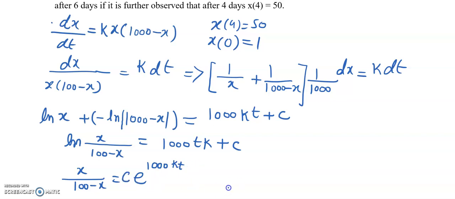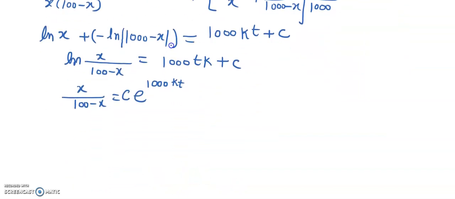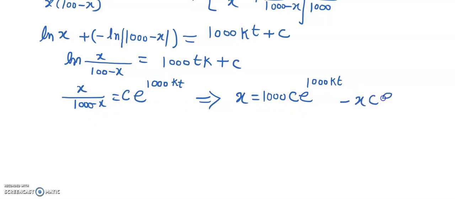So c we can bring here, and then we further simplify it, so x will be equal to 1000 C e power 1000 kt, minus x C e power 1000 kt.